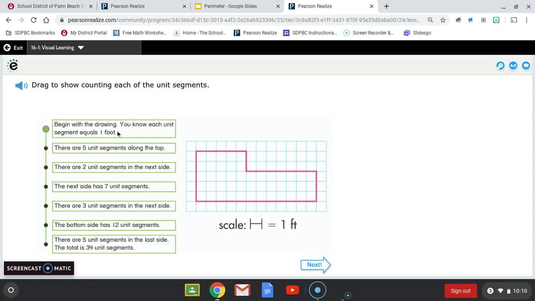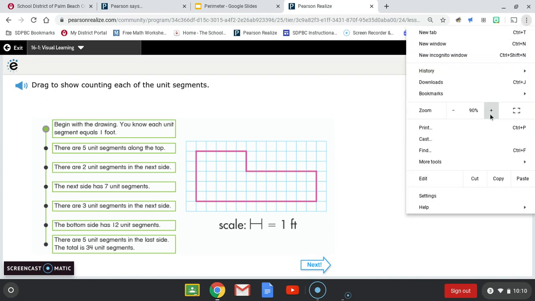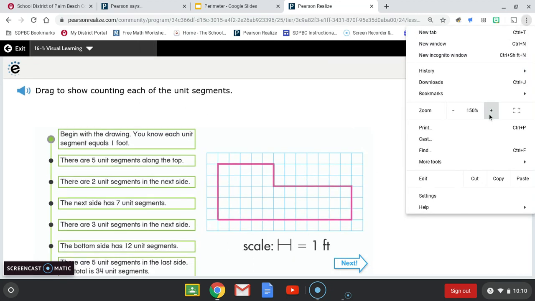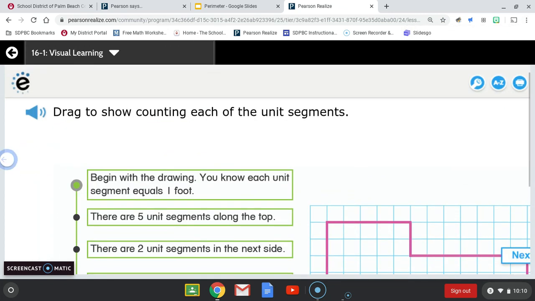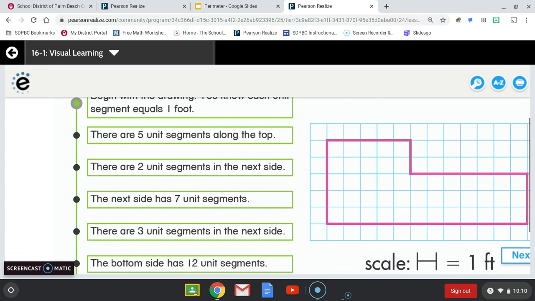So begin with the drawing, and you know that each unit segment equals 1 foot. Like I already said, there's 5 segments along the top. I'm going to zoom us in a little bit so we can count better. Now I need to scoot us over.